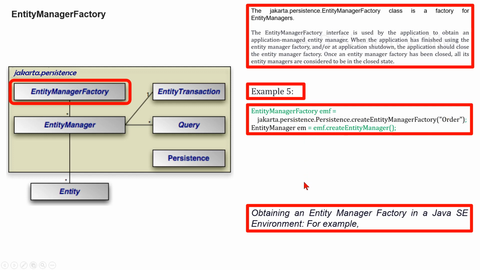Outside a Jakarta EE container environment, the jakarta.persistence.Persistence class is the bootstrap class that provides access to an Entity Manager Factory. The application creates an Entity Manager Factory by calling the createEntityManagerFactory method of the jakarta.persistence.Persistence class. For example, here.